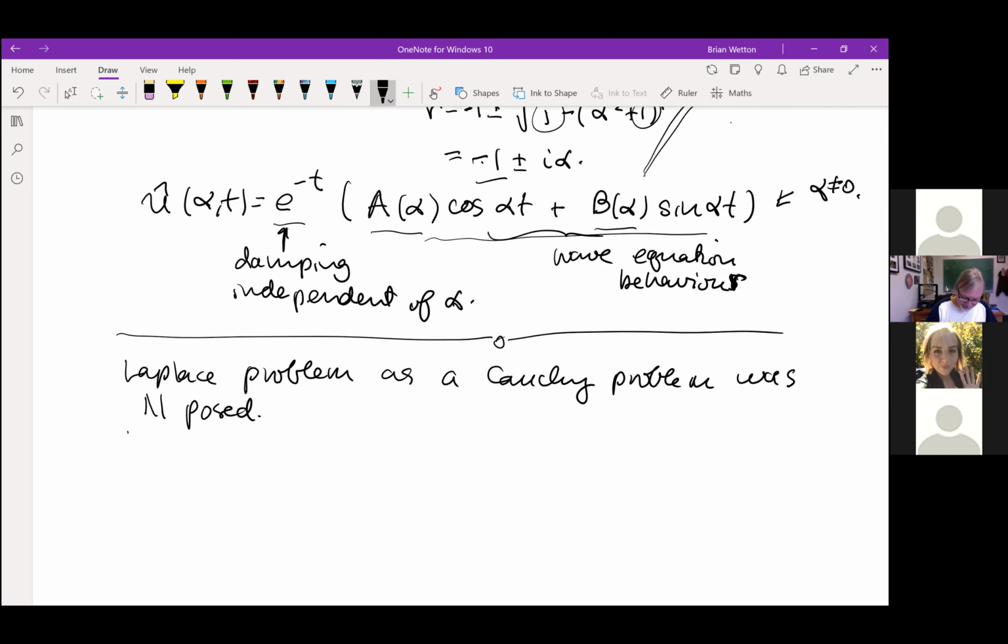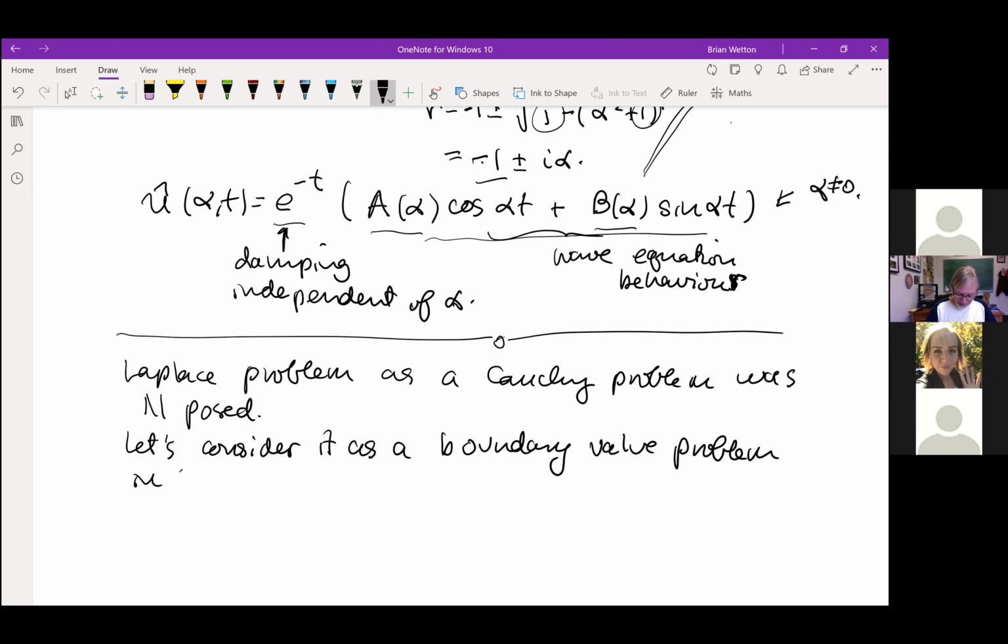So let's consider it as a boundary value problem in half space.